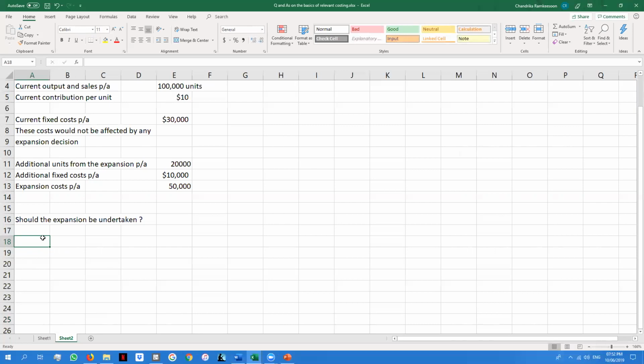Incremental, avoidable, opportunity, things like that. And the reason why different terms are used to describe relevant costs is because when examining certain specific types of decisions, it's more appropriate to use certain terms.